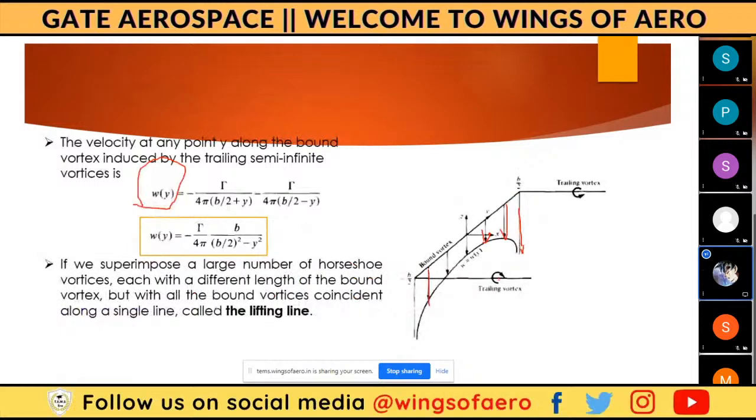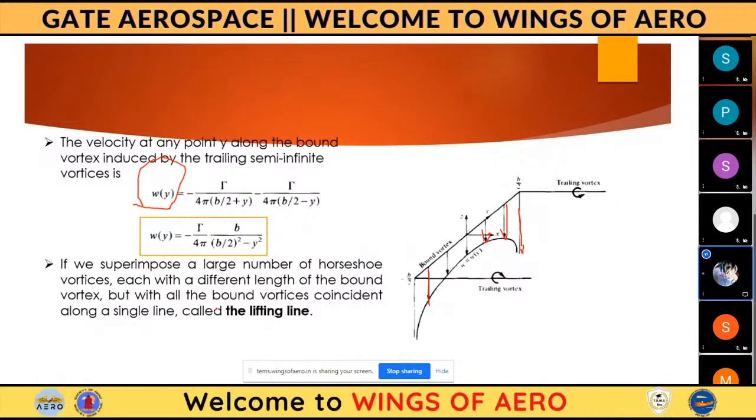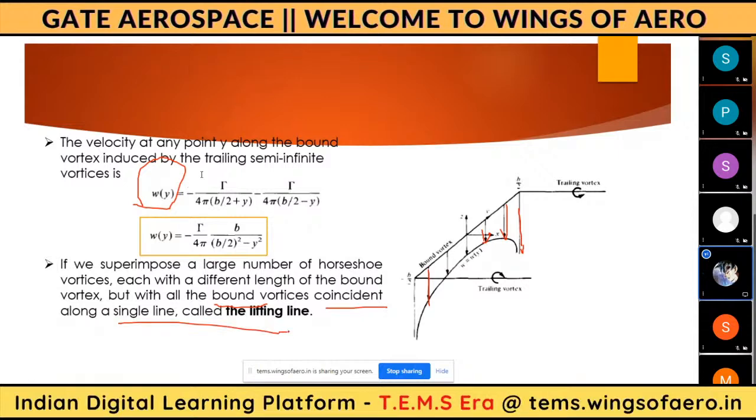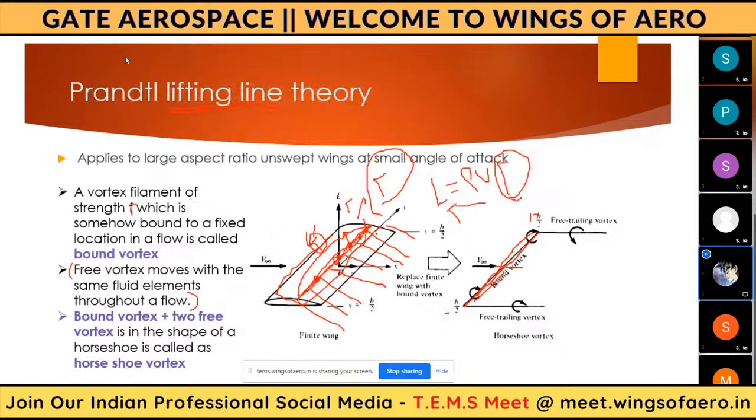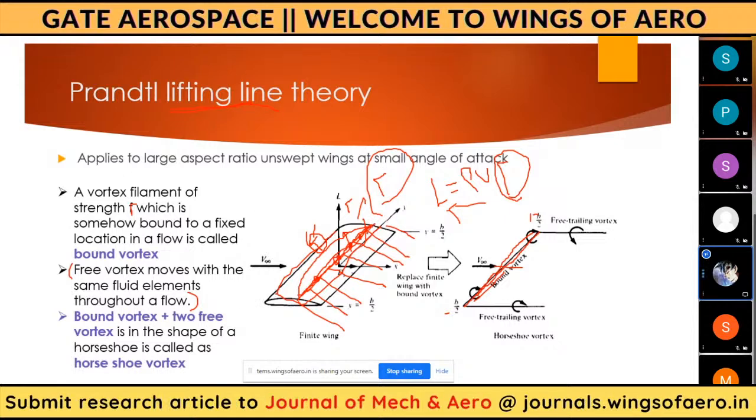If a number of bound vortices coincide on a single line, it is called a lifting line. This is one bound vortex, two, so there are a number of bound vortices that coincide on a lifting line.